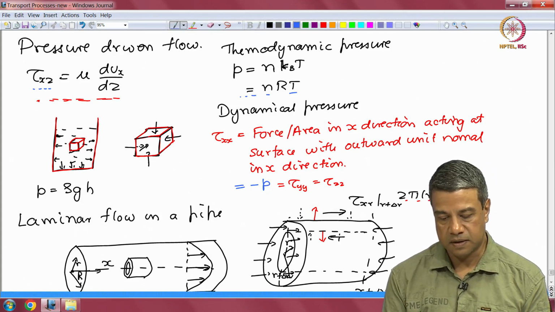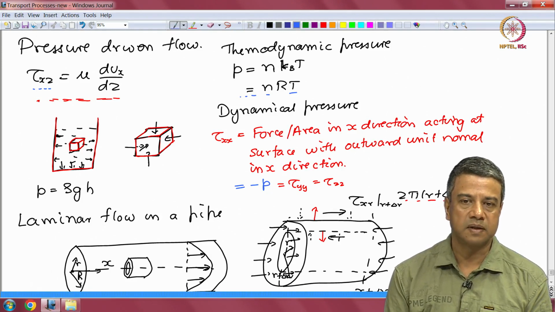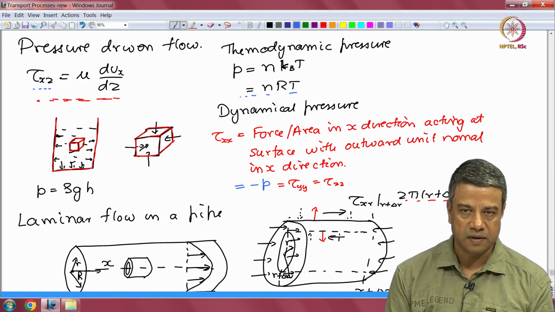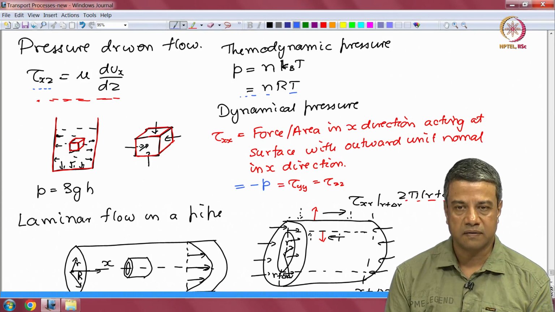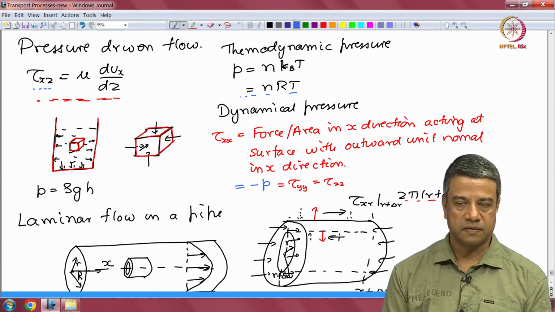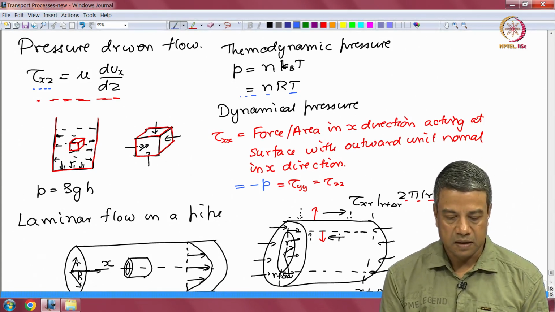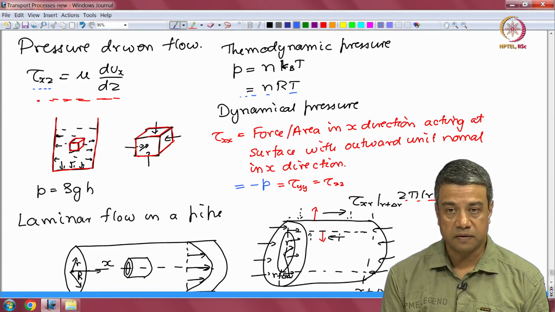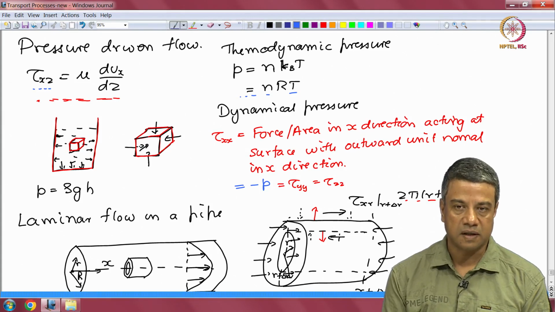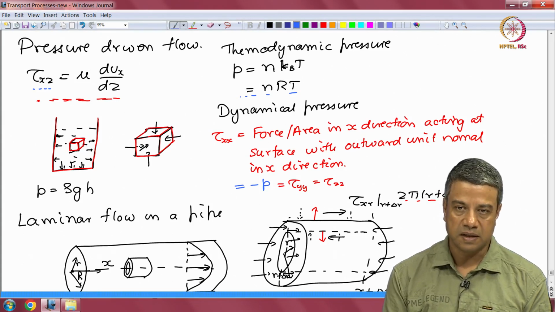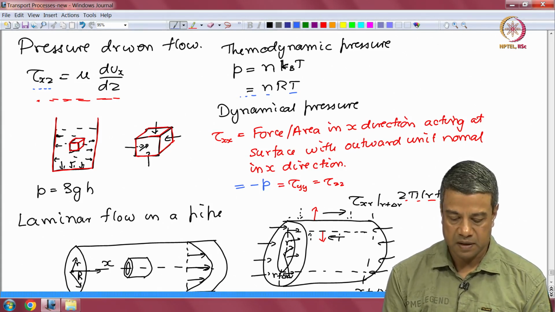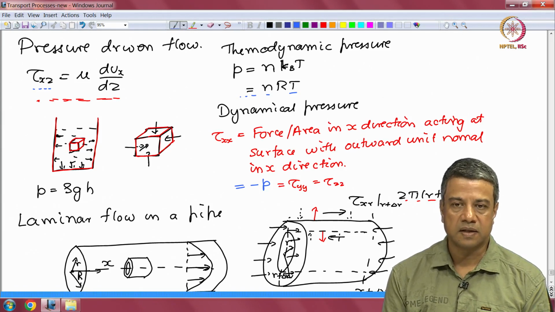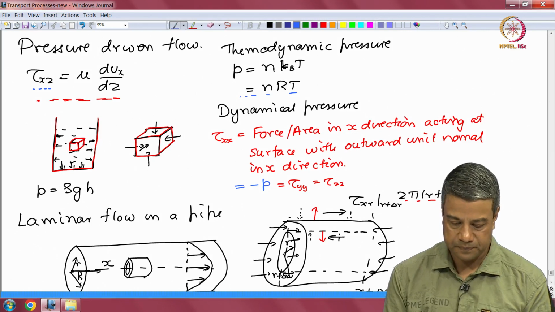For example, in the atmosphere, changes in pressure at different locations will drive flow. Those dynamical pressures are pressure differences. You define it relative to a reference pressure, usually the atmospheric pressure. So, as far as flow is concerned, what matters are pressure differences and not the absolute pressure itself.